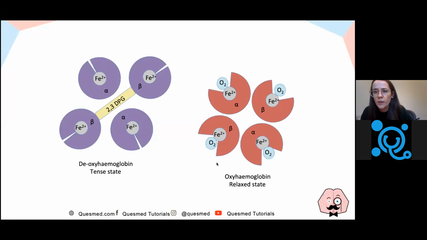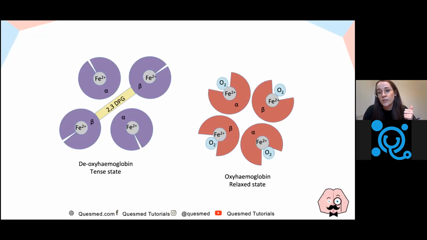Is everyone happy with the oxygen dissociation curve before we move on, or any burning questions? Please repeat the way to remember the right shift. So, CADET, shift right. You think about this army lingo, that's one way to remember it.